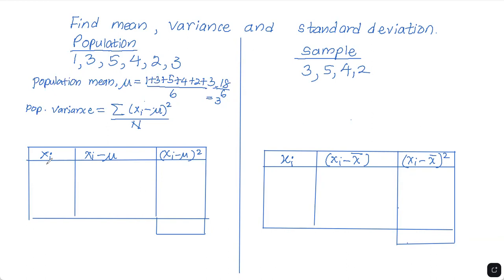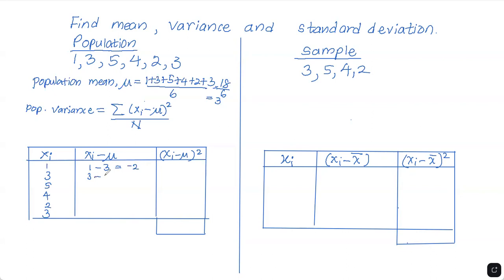First, these are the data xi: 1, 3, 5, 4, 2, and 3. So now take the difference of your data and the mean. So xi is 1 minus mu is 3. 1 minus 3 is negative 2.